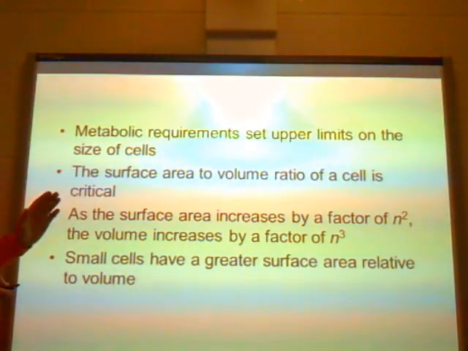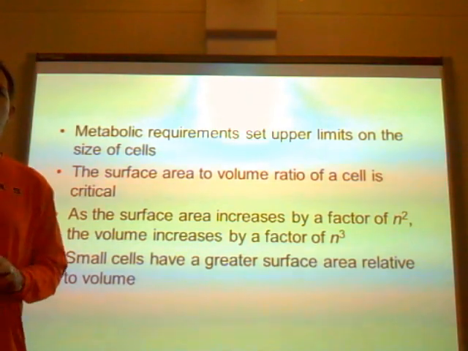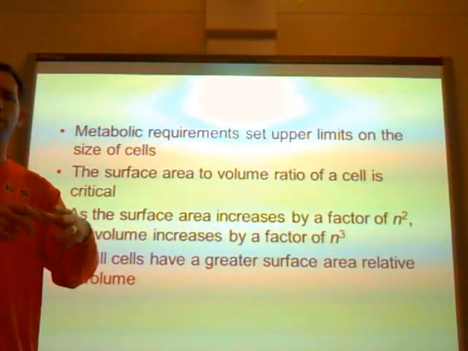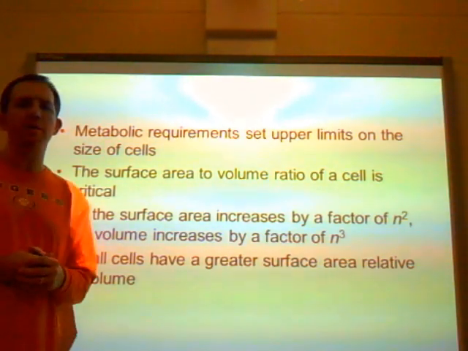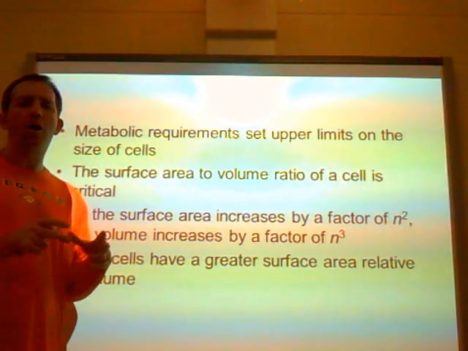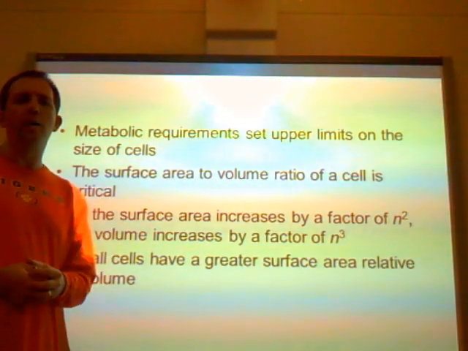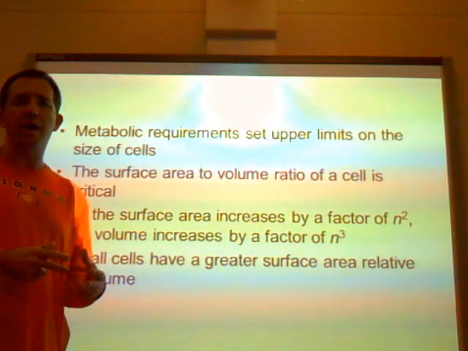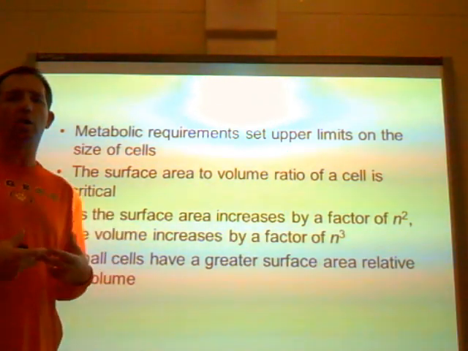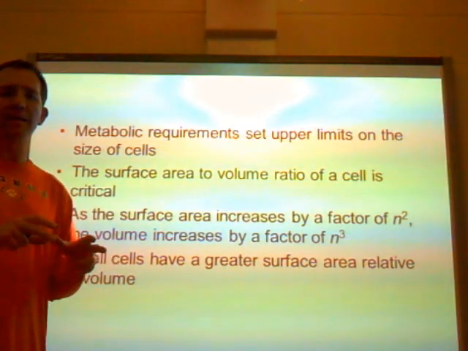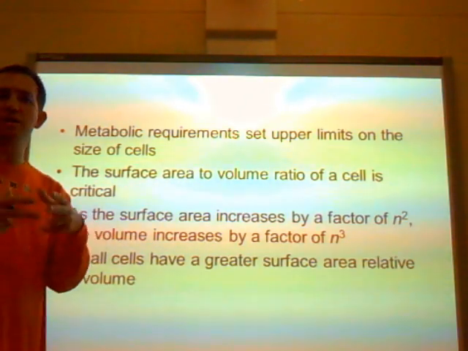Metabolic requirements will set the upper limits on the size of cells. One of the things that we need to bear in mind is that cells are going to grow in such a fashion that their surface area to volume ratio is the most efficient.